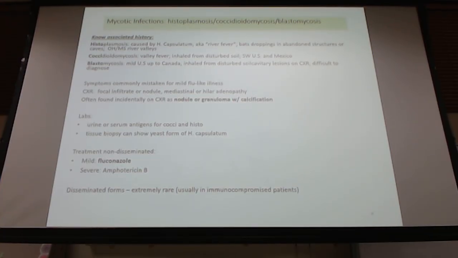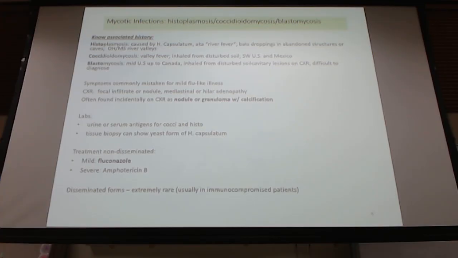So the mycotics. So we've got the histo. Keys to this one to pull it out: obviously the bats, abandoned buildings, Ohio, Mississippi. Our coxy is going to be the southwest border, digging up dirt, new construction.